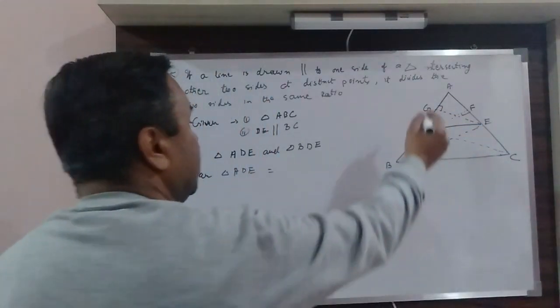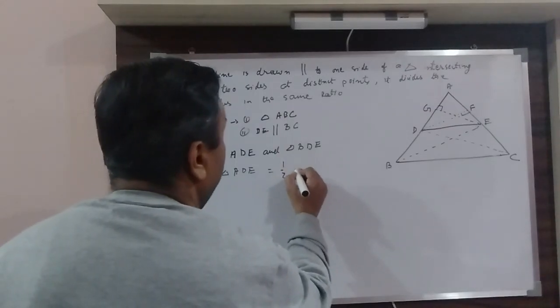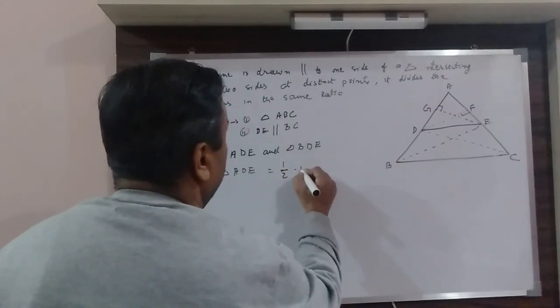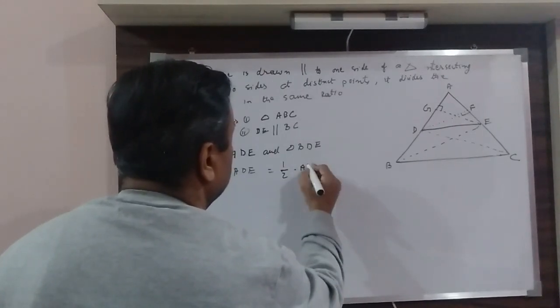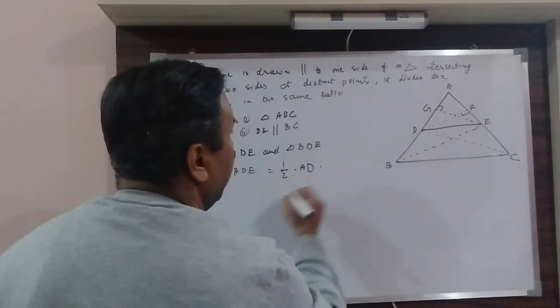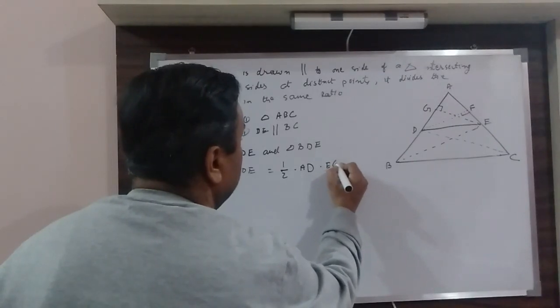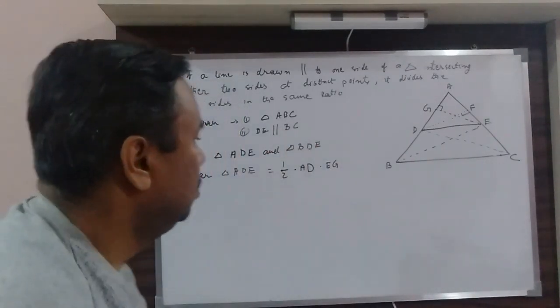So in this case I can say it is half into AD multiplied by EG.